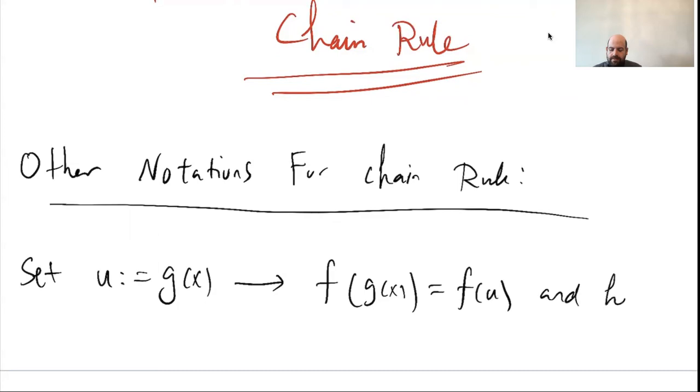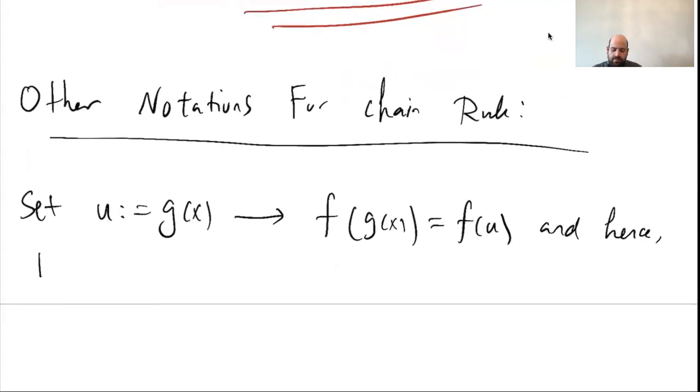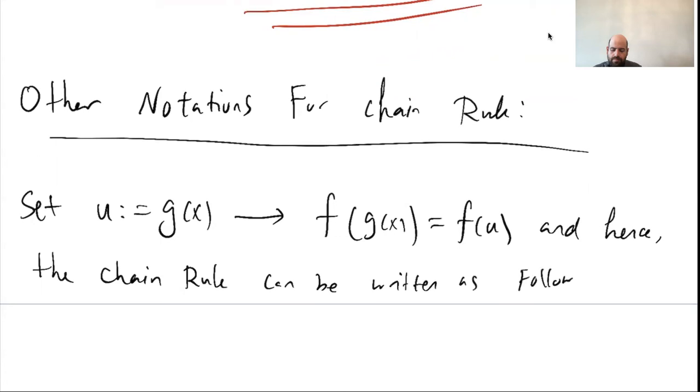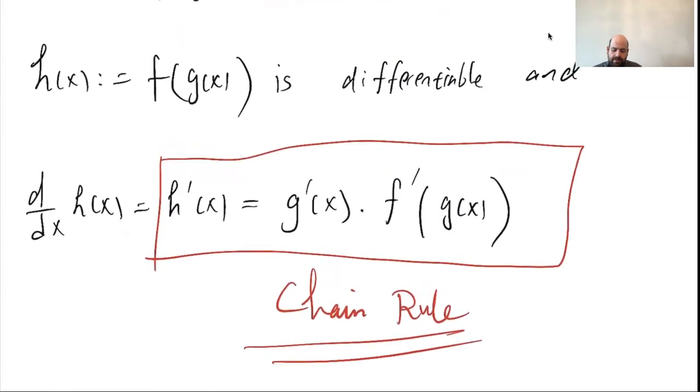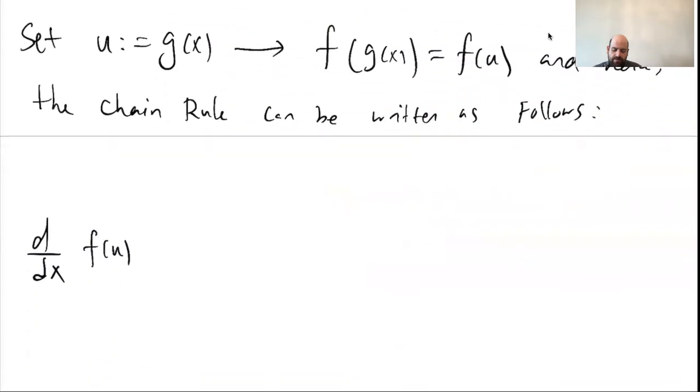And hence the chain rule can be written as follows. d/dx of f of u, because the left hand side d/dx of h of x, but h of x means f of g of x, and f of g of x means f of u, which is the derivative of f of u.